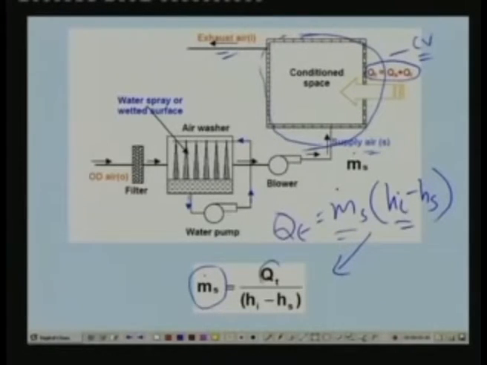So, if you know the rate of heat transfer to the conditioned space Qt, and Hi is nothing but the enthalpy of the conditioned space air, which is normally known from our requirements. So, Hi is known to us, and if you can fix the supply condition Hs, then you can find out the required mass flow rate of supply air.